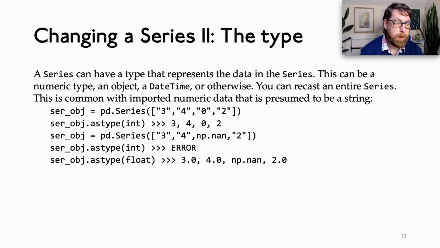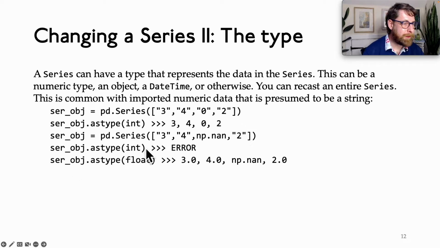If it cannot do that, it'll throw an error. We can set an optional parameter to say errors equals ignore, but then unfortunately it's just going to return the original series, so it won't ignore per row. It'll ignore the whole operation. I don't think that's really that great.